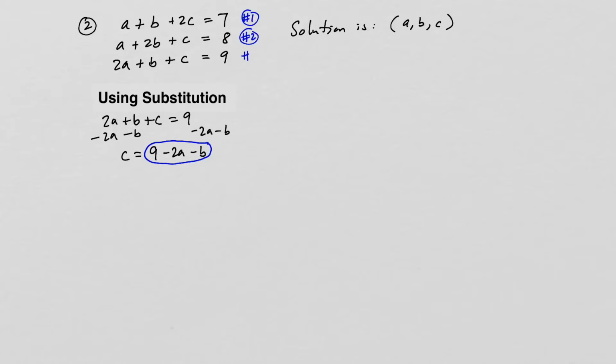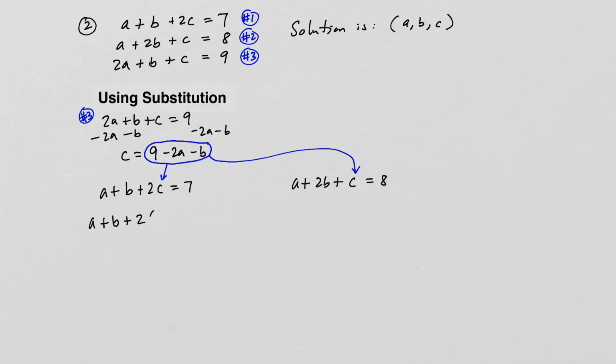So here are my equation reference numbers. So again, we took equation number 3, we solved for C. Now I'm going to take equation 1 and equation 2, and we're going to substitute that into the first equation, replacing C, and also the second equation, replacing C. And when we do that, we get, for the first equation, A plus B plus 2 times 9 minus 2a minus b equals 7.